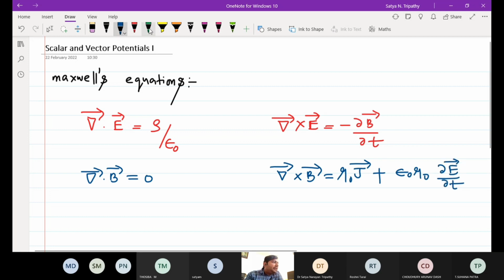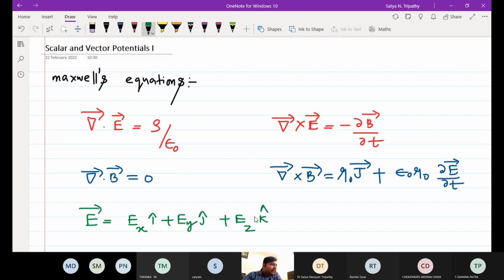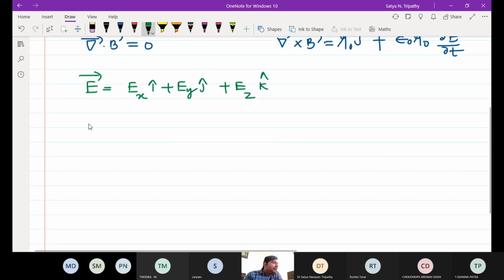Here the electric field is basically a vector. So you have an Ex component, a Y component, and a Z component. So this is a three-dimensional vector. Similarly, for the magnetic field, I can write B as Bx i cap plus By j cap plus Bz k cap.